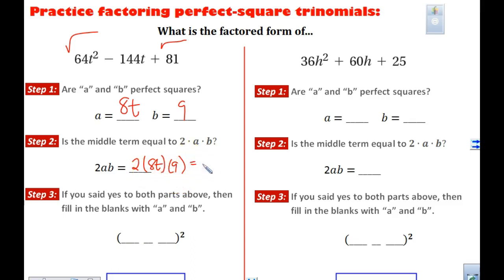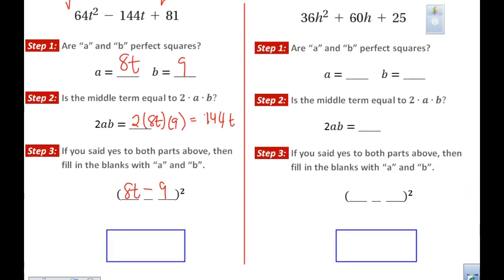Does that give us our middle term? 144. Now, notice we didn't have a minus 144, we just have 144 with t. Since it's a minus, that means that they both had to be negative. So I'm going to have 8t minus 9 squared, as I am looking at that solution.